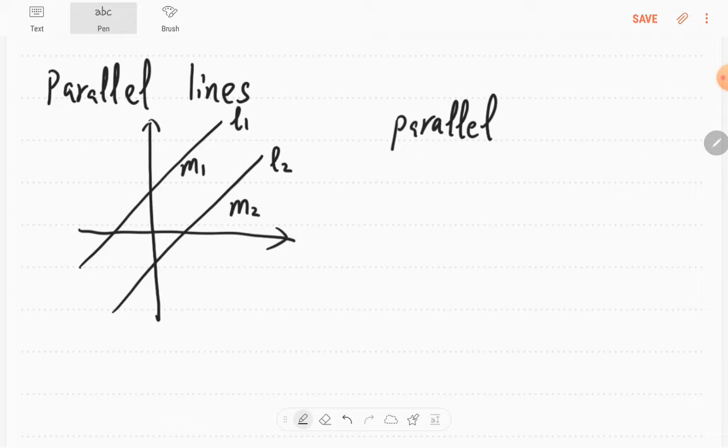If we use the slope to describe parallel lines, it means these two lines must have the same slope. The steepness is the same, so they will never intersect.